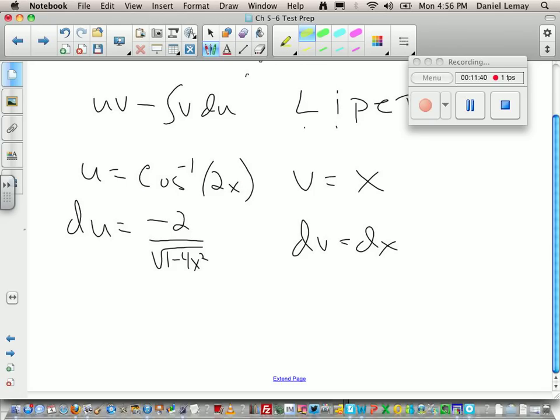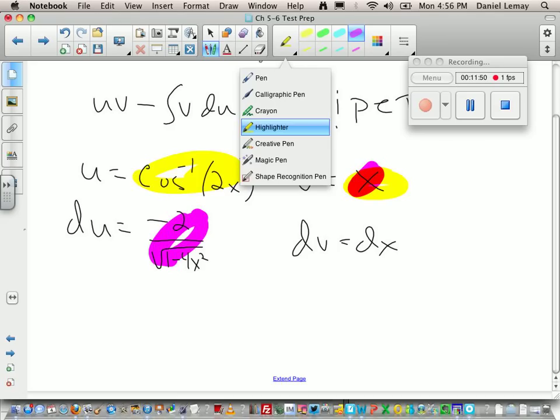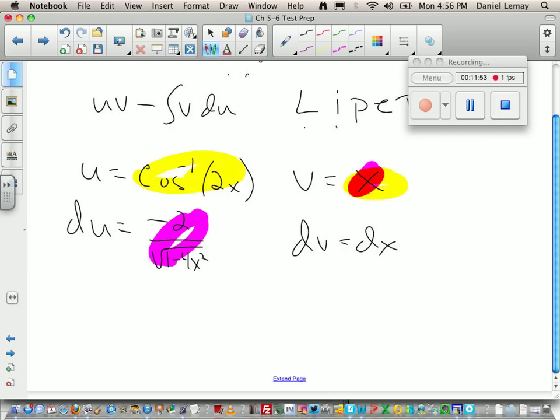So I'm going to multiply these two. And then I've got to multiply these two to get the other part of it that's in back of the new integral sign. So it's going to be x arc cosine of 2x minus the integral.